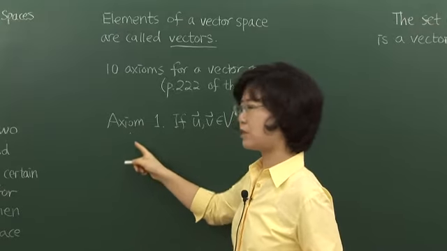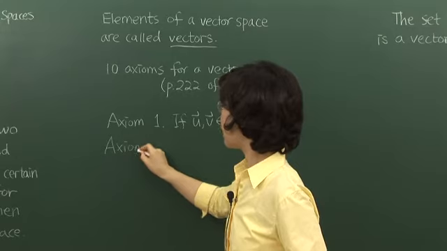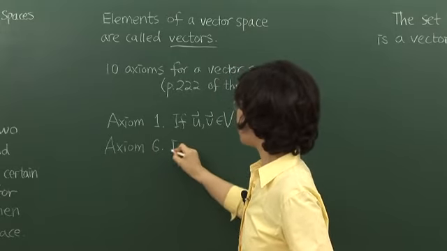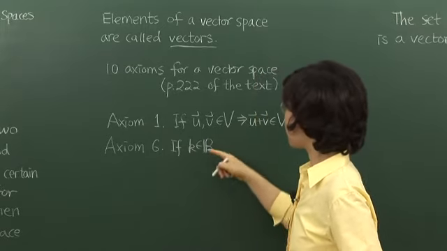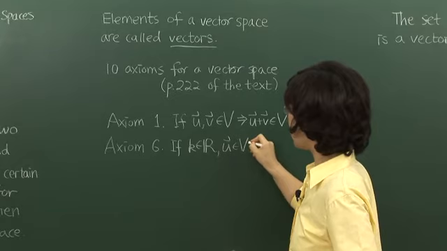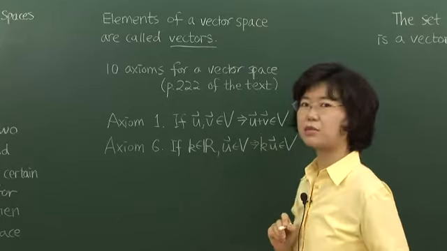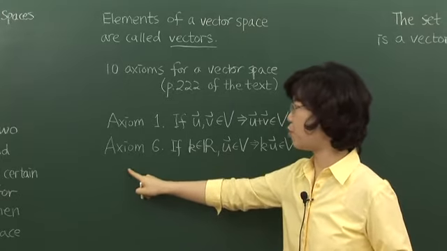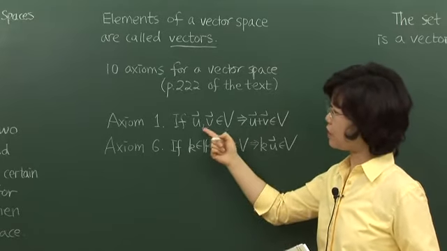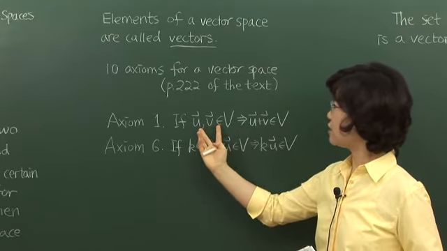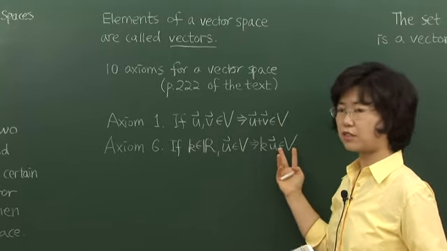And there are 4 more axioms about addition. Now axiom 6. Axiom 6 says, if k is a real number, which we call a scalar, and u is an element of V, then k times u is also an element of V. And there are 4 more axioms about scalar multiplication. So basically what these axioms say is that addition is well defined on this set, and scalar multiplication is well defined on this set.